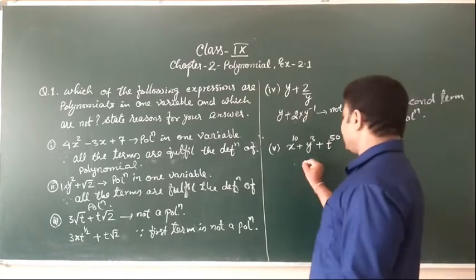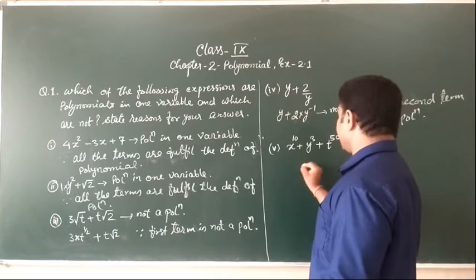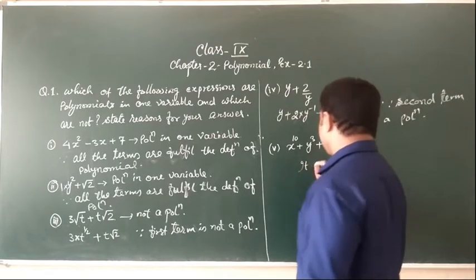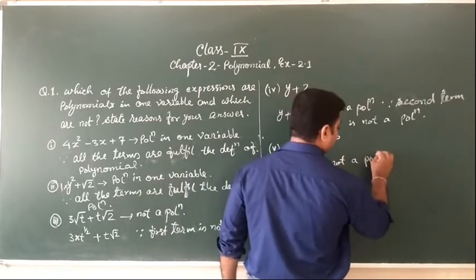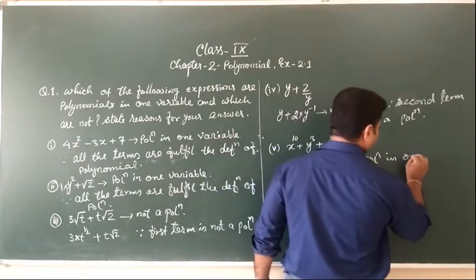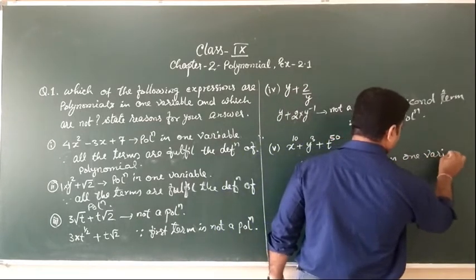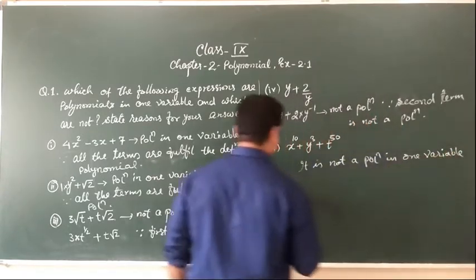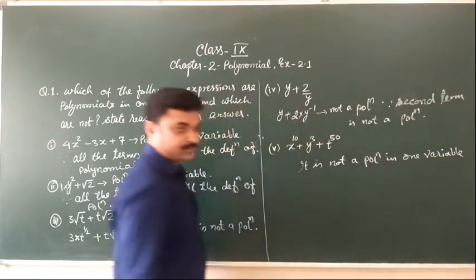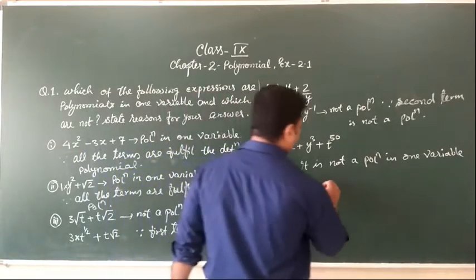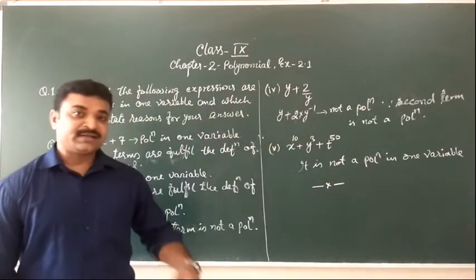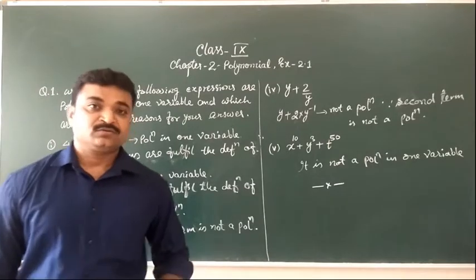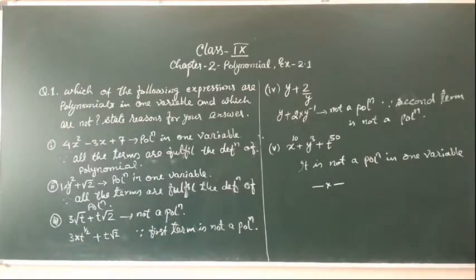So it is not a polynomial in one variable. Got it? So here we end question number 1. Before I start the next question, please pause the video to note this down.